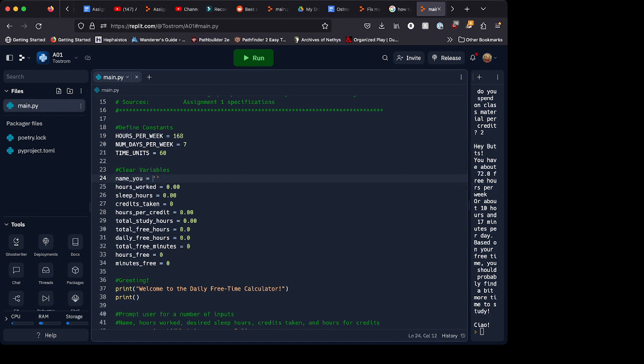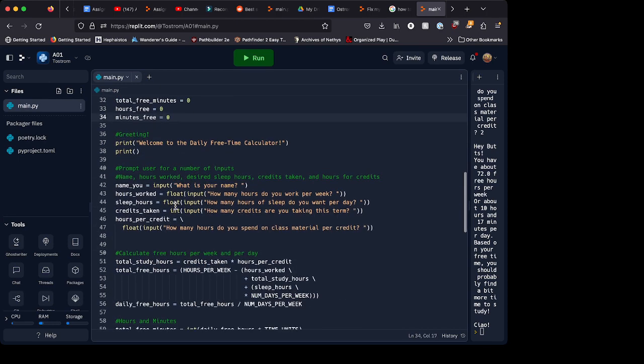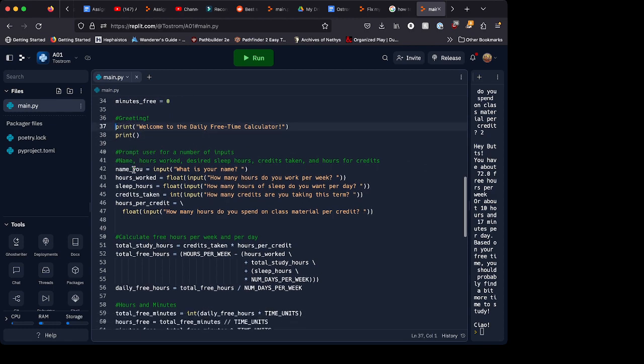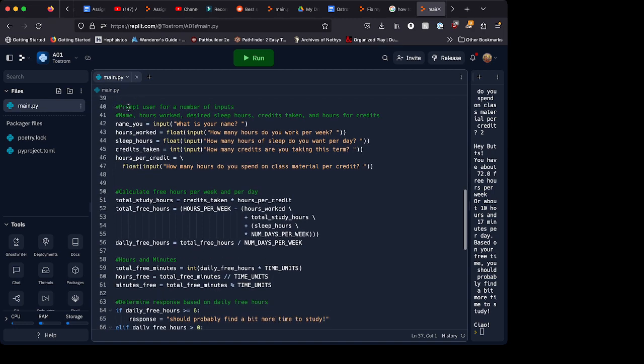So we have the string here for your name, a series of floats, integer, integer, integer. I made a quick greeting because I put that in my APD and I never made it happen. Prompt the user for a number of inputs.